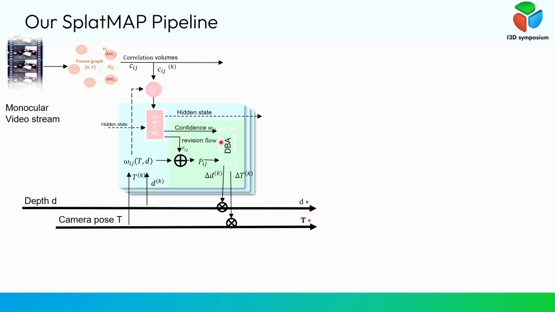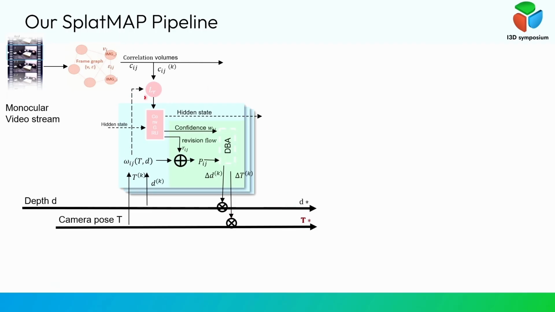This revision flow helps us understand how we should revise the previously estimated induced flow. With the help of the revision flow together with the induced flow, we have the revised predicted flow, and with the help of dense bundle adjustment and the confidence weight, we can update and refine the previous depths and the camera pose T.